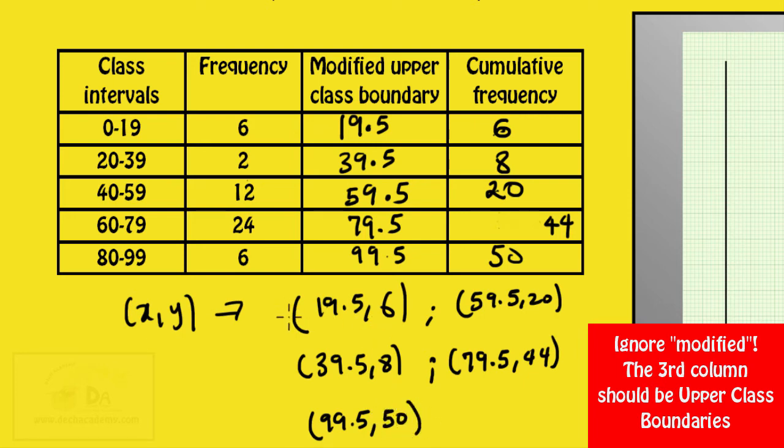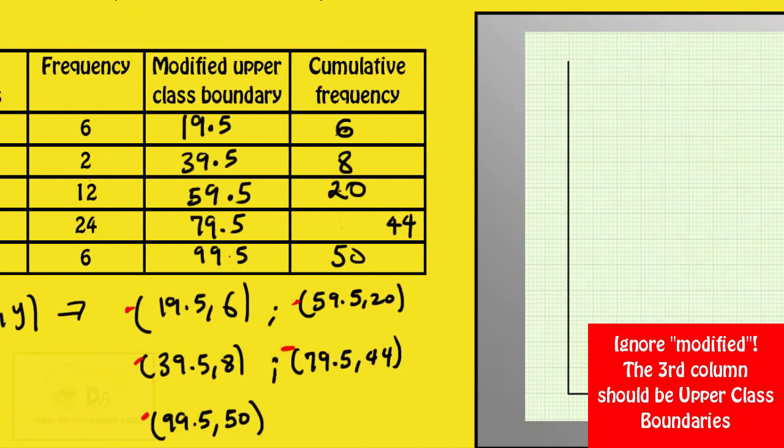So we need to plot these 5 points. This is 1 point, this is another, this is another, this is another. You need to plot all of them and join them up to give a cumulative frequency curve.